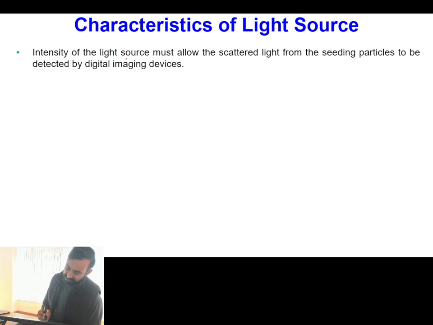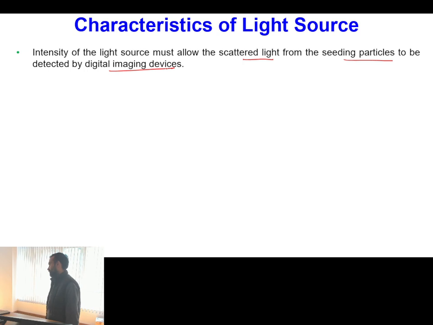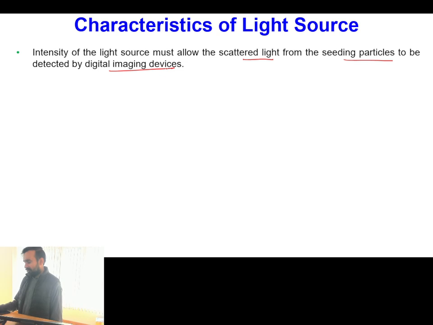Another important point is that the intensity of the light source must allow scattered light from the seeding particles to be detected by the digital image. So we should use the type of light source so that the light scattered from the particles is detected by the camera. Okay, so normally for PIV measurements, green lasers are majorly used.